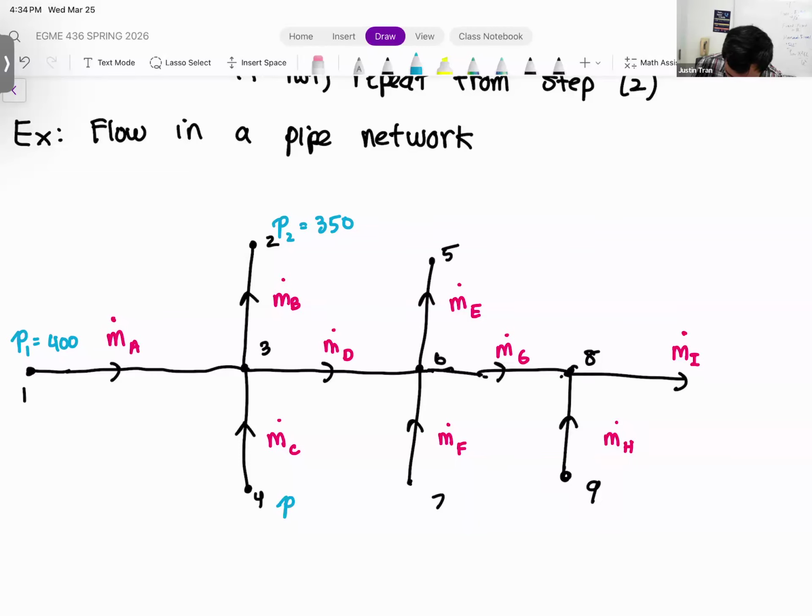Node 4, we're going to have a pressure of 50. Node 5, we're going to have a pressure of 300. Node 7, we're going to have a pressure of 800. Node 9, we're going to have a pressure of 200.